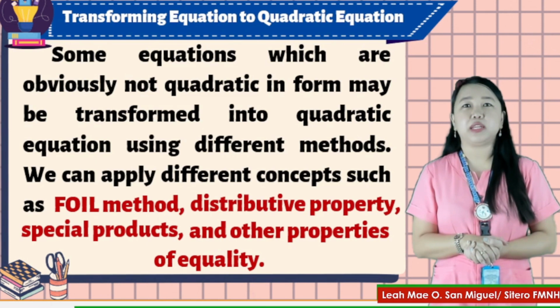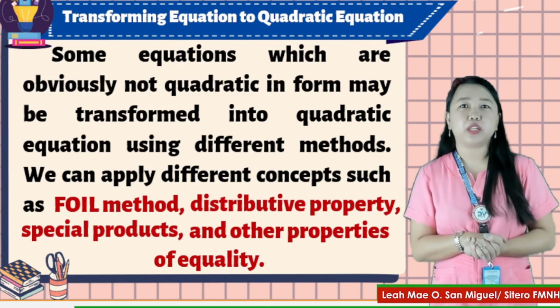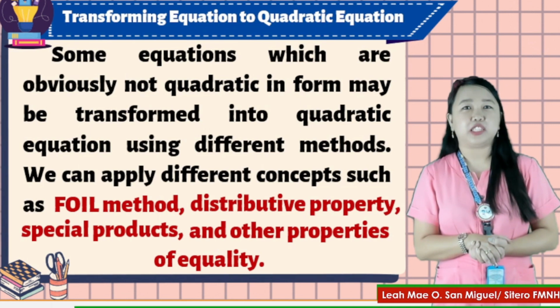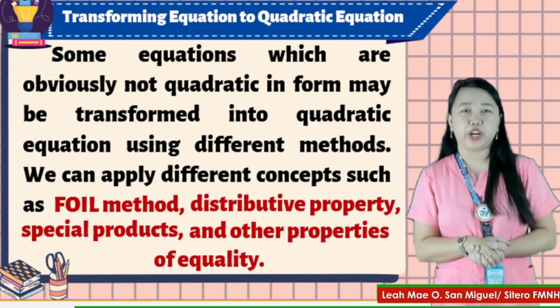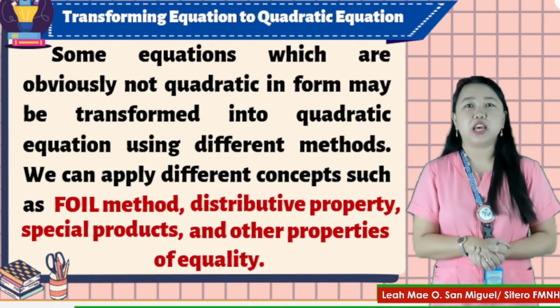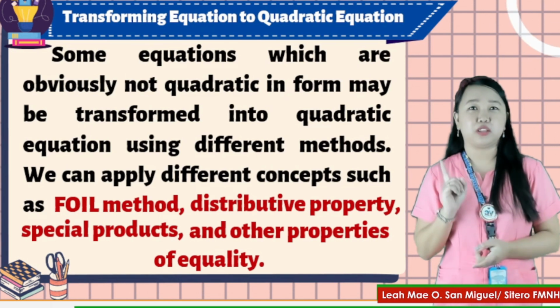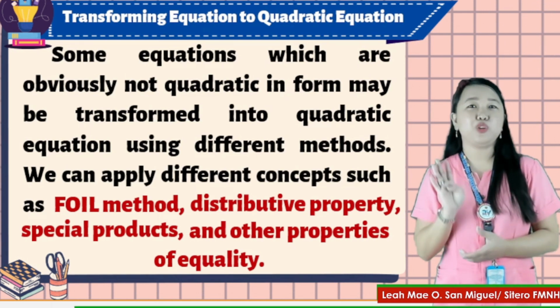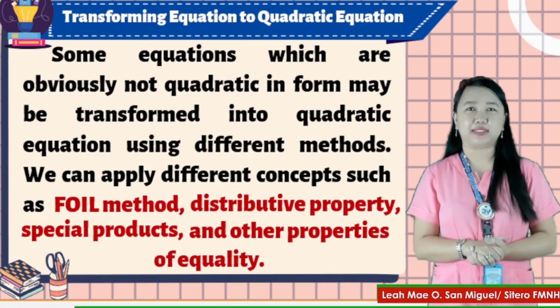After transforming the equation, you need to find the roots of the quadratic equation using the different methods that you have learned in your previous lessons, such as extracting the square root, factoring, completing the square, and using quadratic formula.